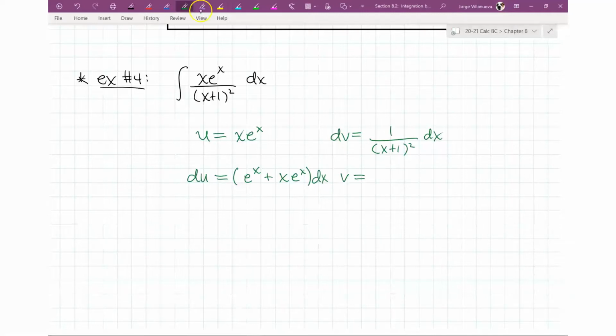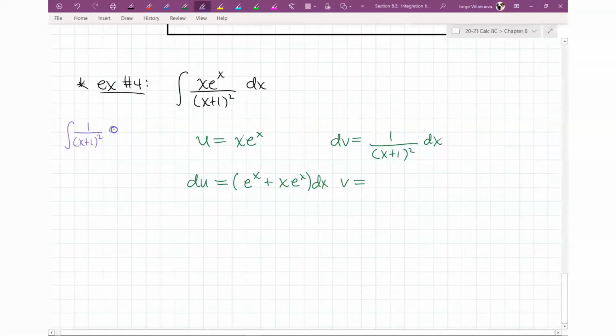Now on the left side, I'm going to do a little bit of scratch work. I'm going to integrate 1 over x plus 1 squared dx, and I'm going to do a u substitution. I'm going to let a equal x plus 1, so dA is basically dx. So this is the integral of 1 over a squared dA, or a to the negative 2 dA.